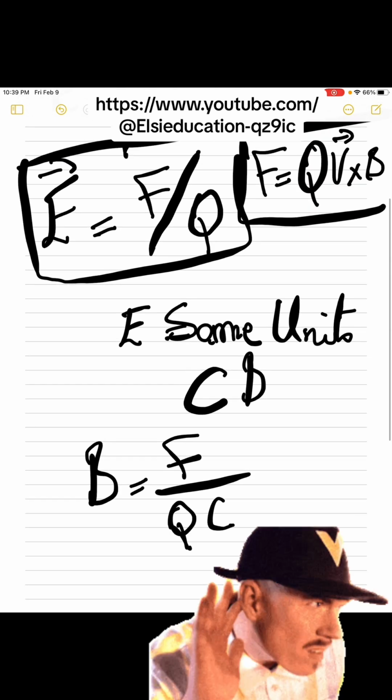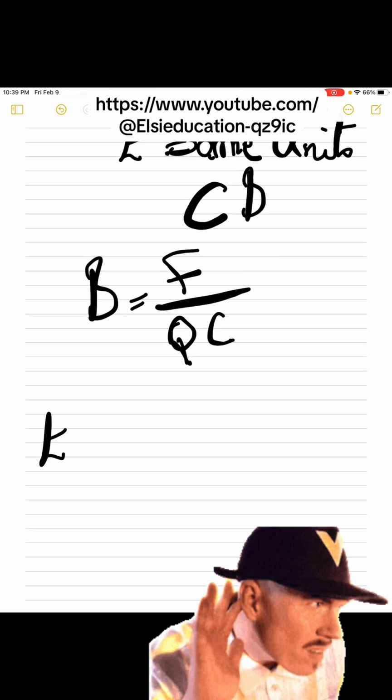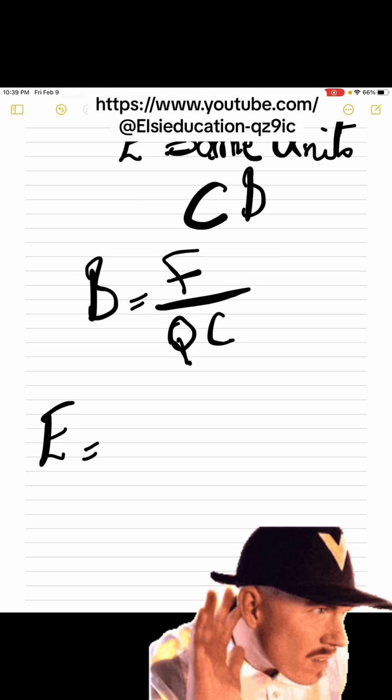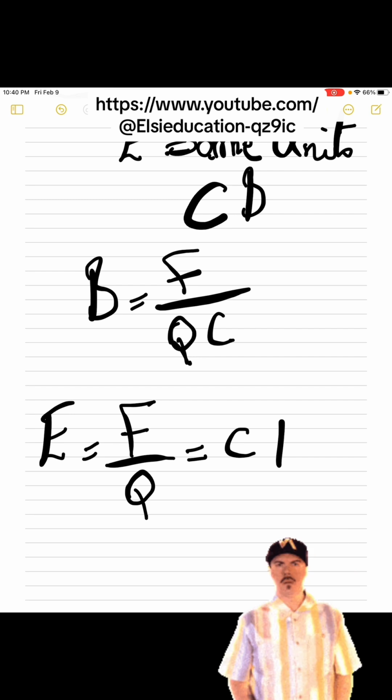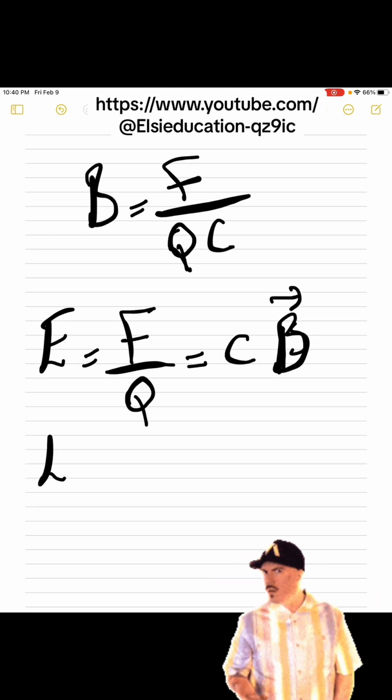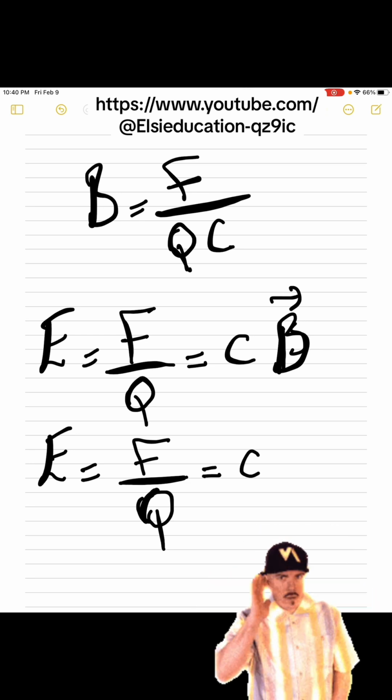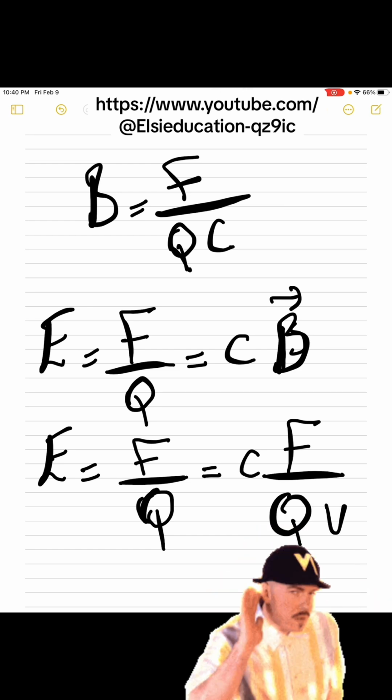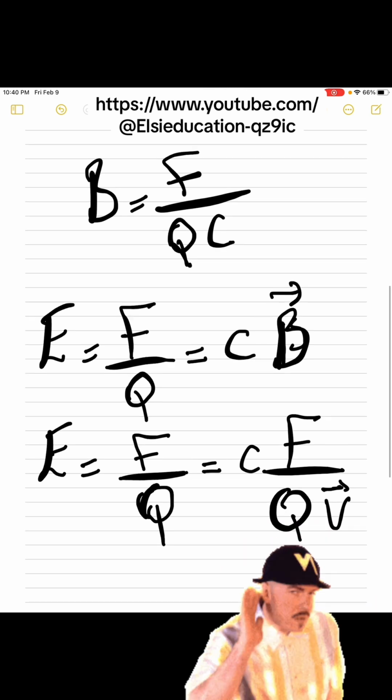So the electric field is equal to force divided by the charge, equal to the speed of light multiplied by the magnetic field, and the magnetic field is force divided by the charge multiplied by the speed of light.